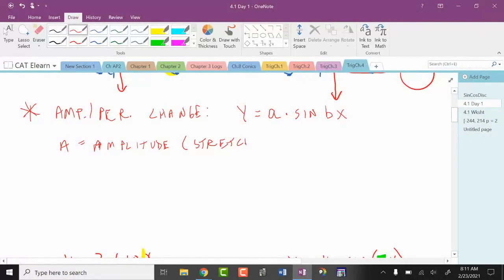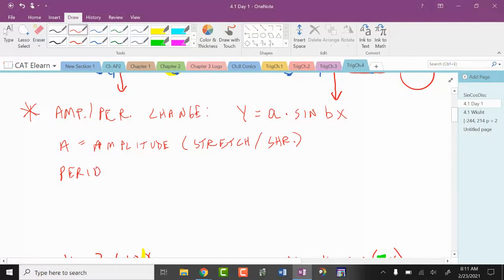I'm just going to put SHR for shrink, because that's really what it does. It just stretches or shrinks the graph. And then the period. Now this is where you've got to lock this in.